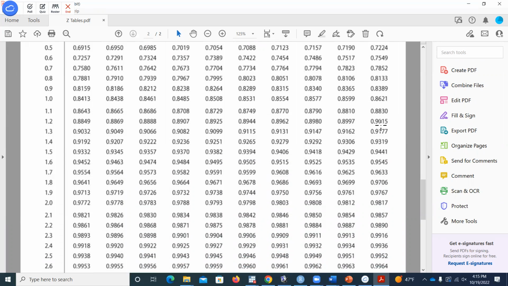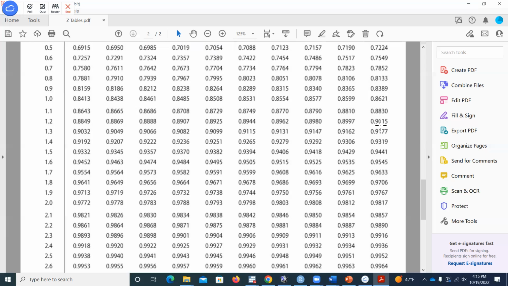Okay. So now that I have this z-value, I know that the cutoff test score for the 90th percentile has to be 1.29 standard deviations away from the mean. Well, that's all that inverse formula is saying, right? In order to calculate this x value, take the mean and add to it however many standard deviations away you need to go times whatever the standard deviation is, right?